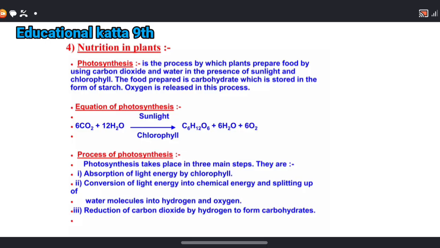Okay, so just to go through it now, what are the 3 processes that are happening in photosynthesis. First is plant is absorbing the light energy by chlorophyll.